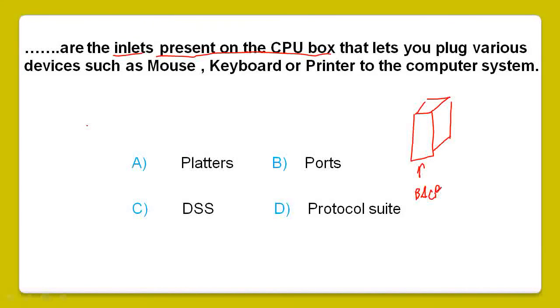There are some ports, which are USBs or sometimes bigger ports also, in which you plug cables. They are called ports. They are mostly USB, Universal Serial Bus, but they can be other types of ports also. So they let you plug any cables into the computer system.